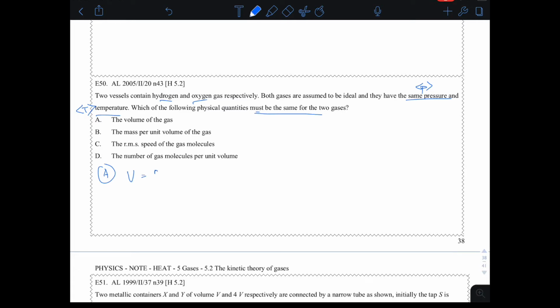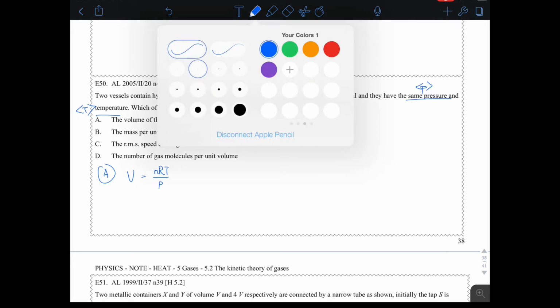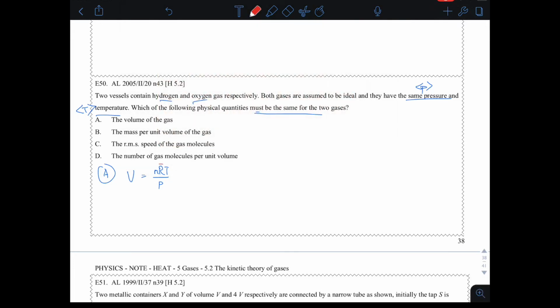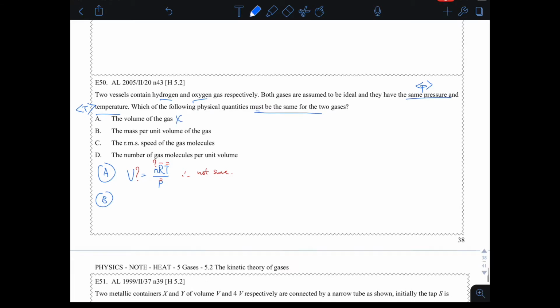Then we make volume the subject as usual, nRT over P. Okay, and then we look at R to be constant, T to be the same, P to be the same. But then we don't know anything about small n. Therefore, we can't conclude the information about V. So this is not a must.